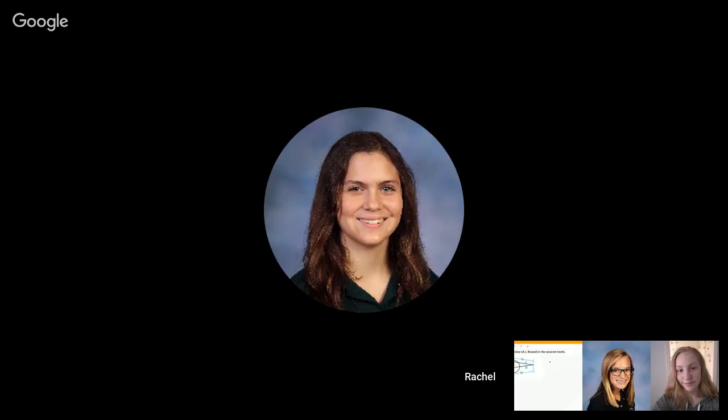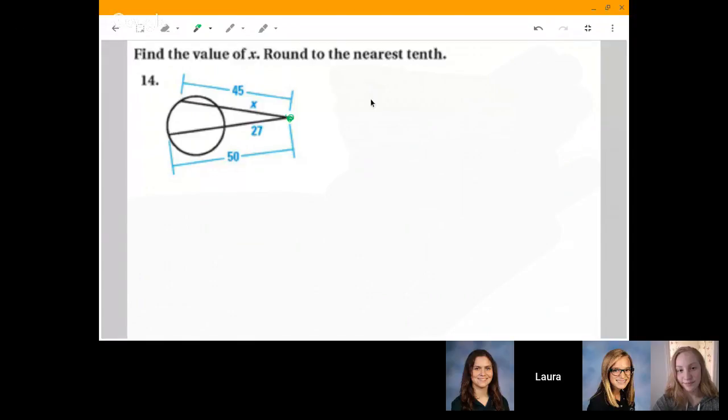So that goes with the theorem that says if you have 2 secants with a common external point, then when it's a secant, you do the whole thing times the outside. The secant segment times the external segment equals the secant segment times the external segment. Basically, the whole thing times the outside.